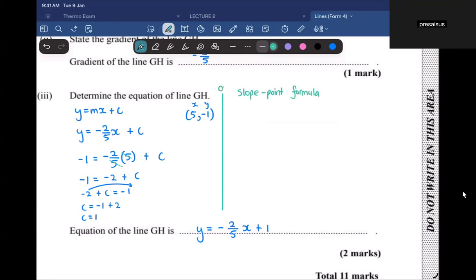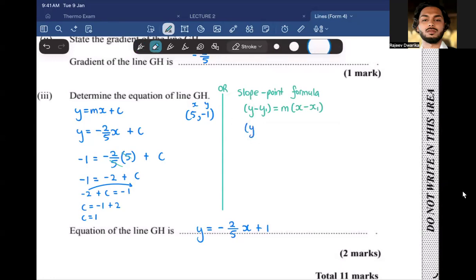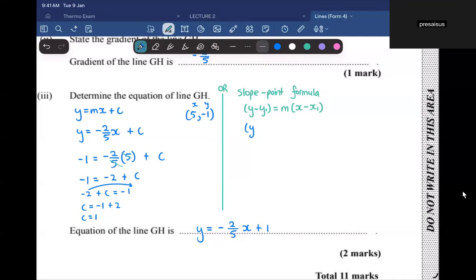The slope formula: y minus y1 equals m times (x minus x1). What am I going to put for y1? Where's y1? x1 and y1? -1.